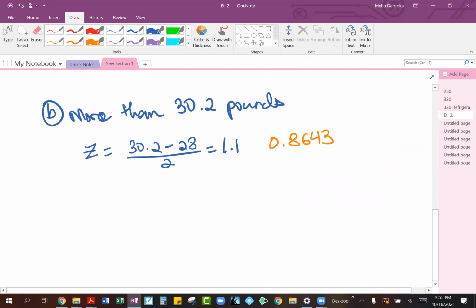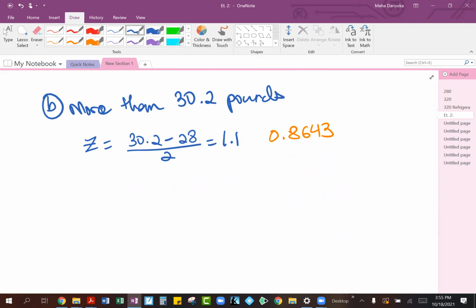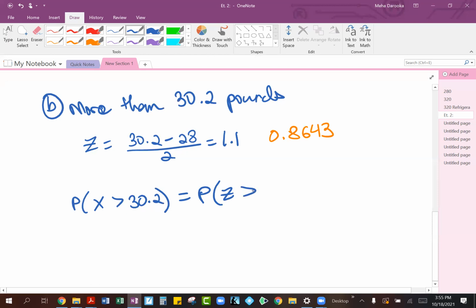So that means we will have to, just like I showed you in that generic example, since we're finding the probability that our X value is greater than 30.2, or as a z-score, your value is greater than 1.1, you will do 1, which is the entire bell curve, minus the area we got from our table, 0.8643, and whatever that comes out to be is going to be that area for the shaded portion.